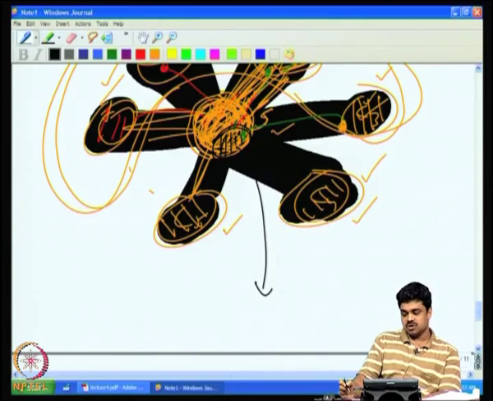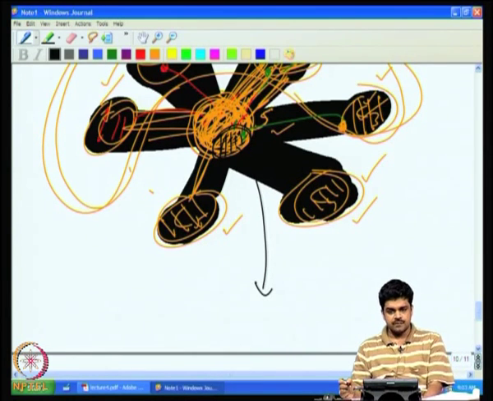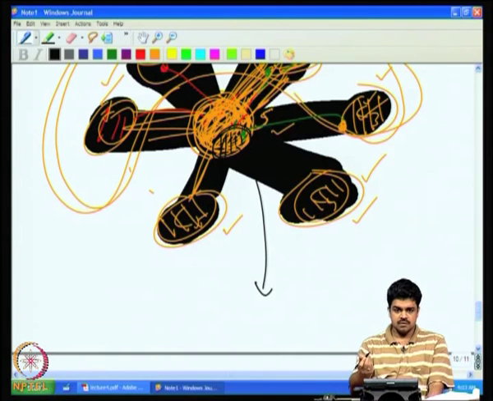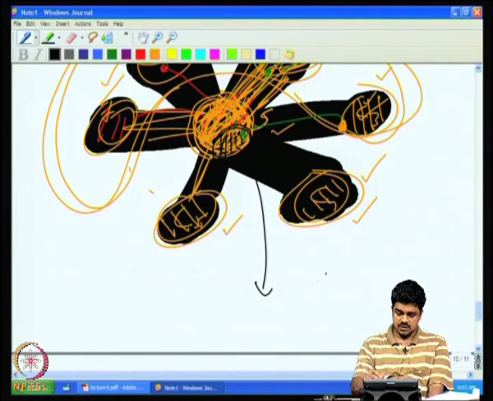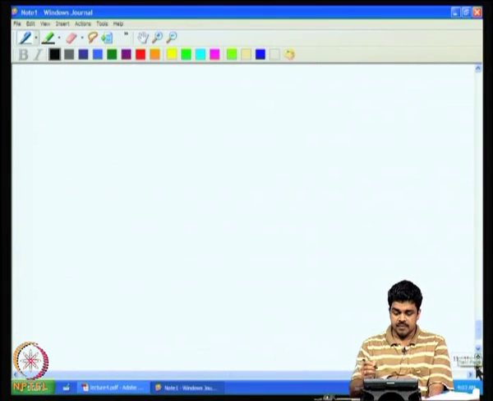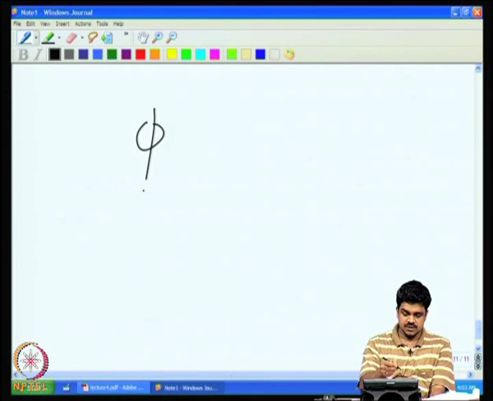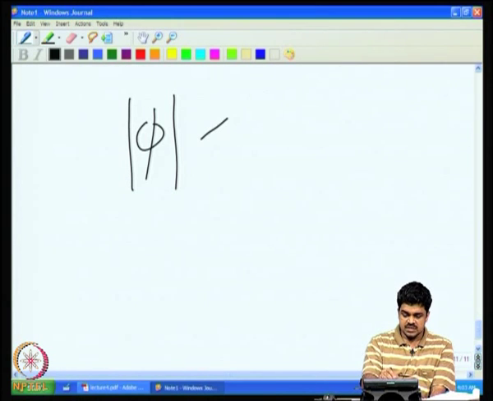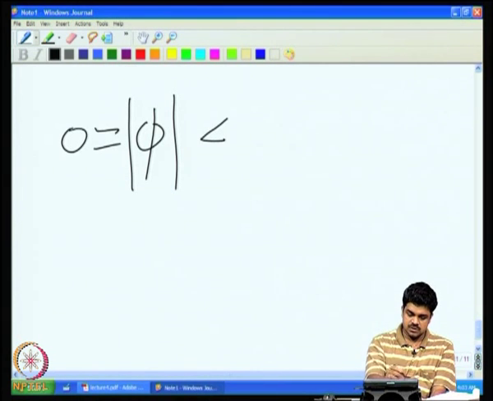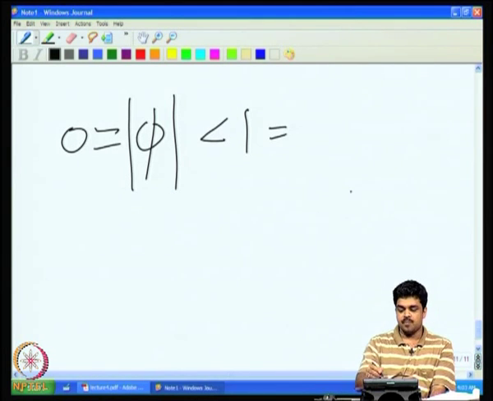That is true, because if the number of vertices of the graph is odd, then we know that the set phi can be taken as a bad set, because if you consider the cardinality of phi, this is always equal to 0, and this is going to be less than 1, which is the number of odd components of the graph.